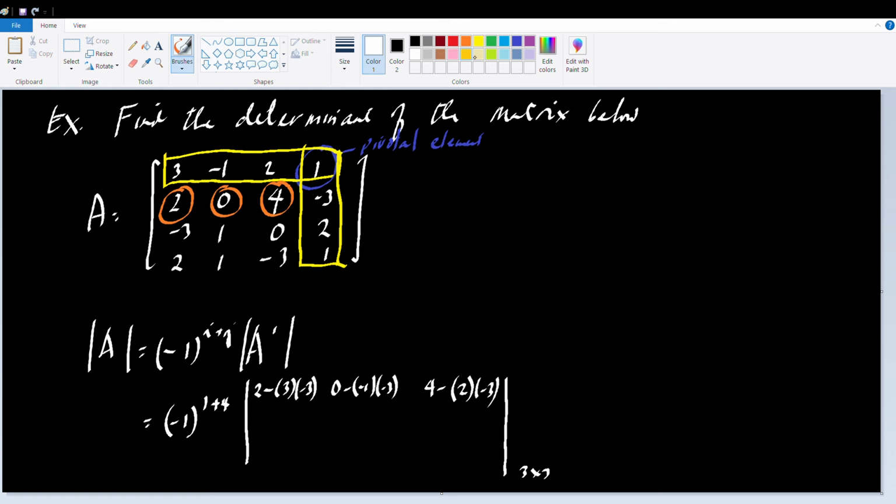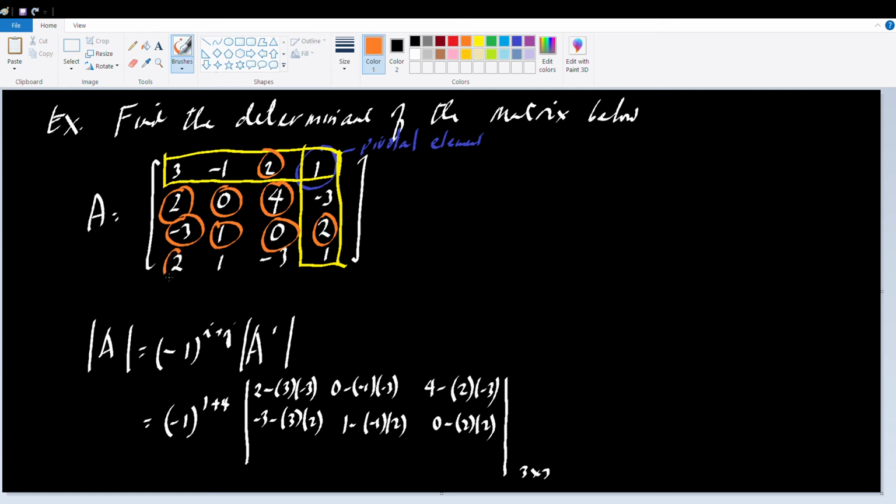Next, -3 minus the product of 3 and 2. Next, 1 minus the product of -1 and 2. Then 0 minus the product of 2 and 2.